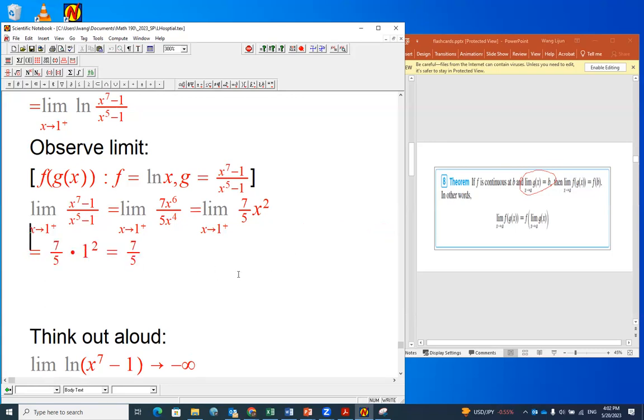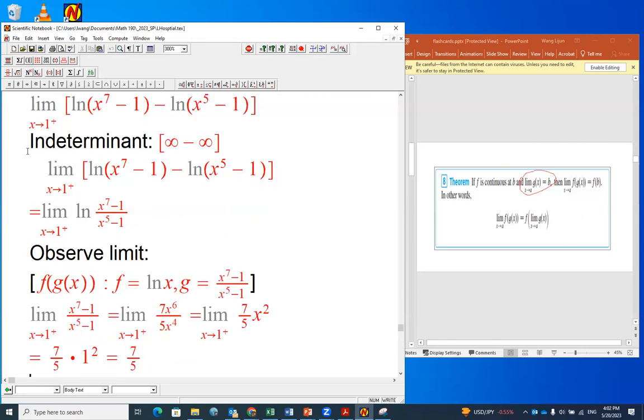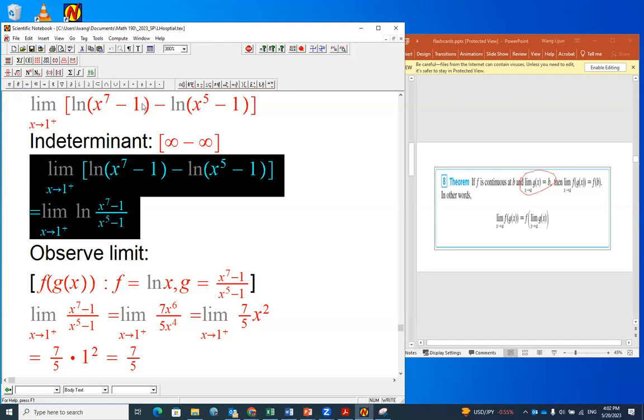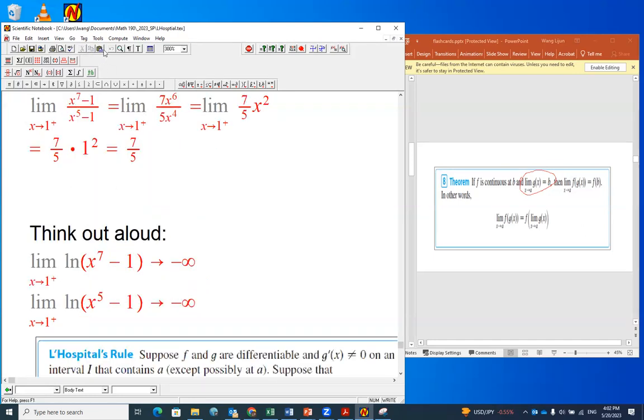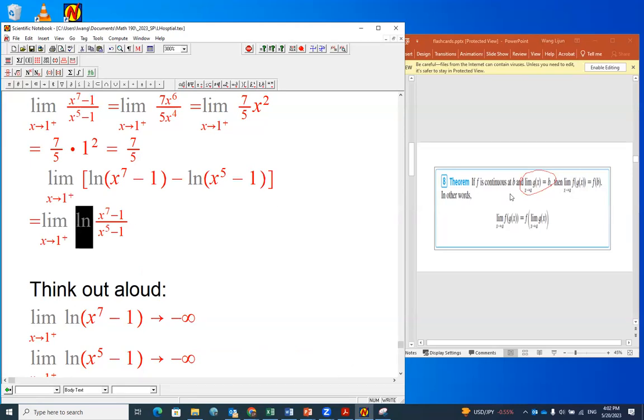You can see the procedure, right? We check the limit. Since we checked the limit as such, I'm certain that ln x, which is the outside function, is continuous at 7 over 5. So now apply this theorem about continuous functions on composite functions.